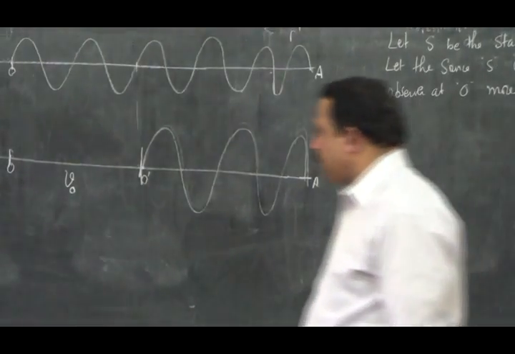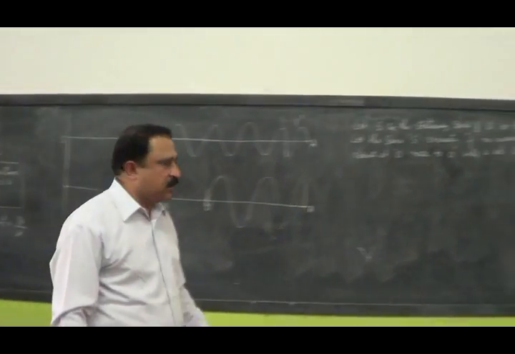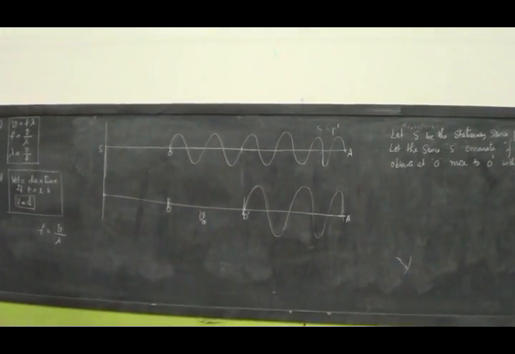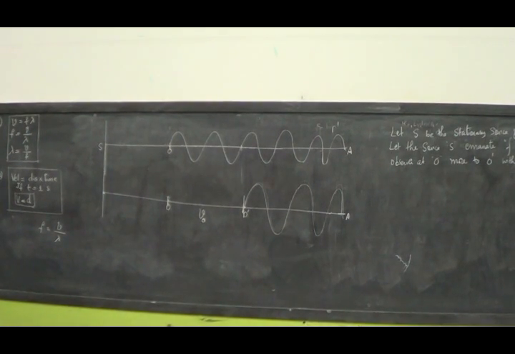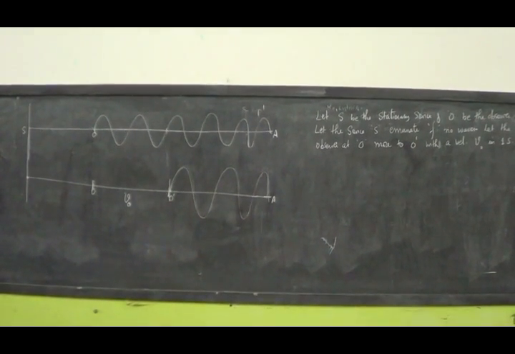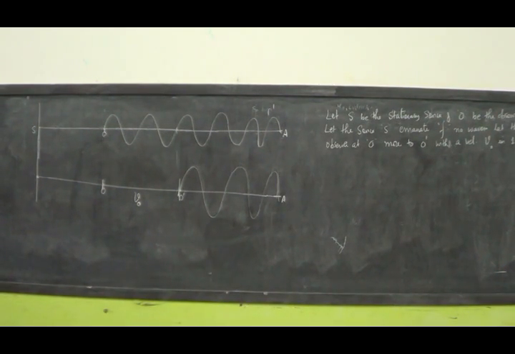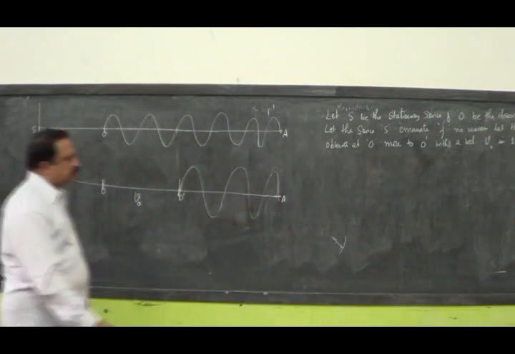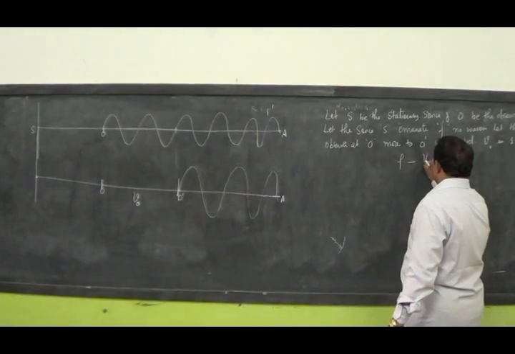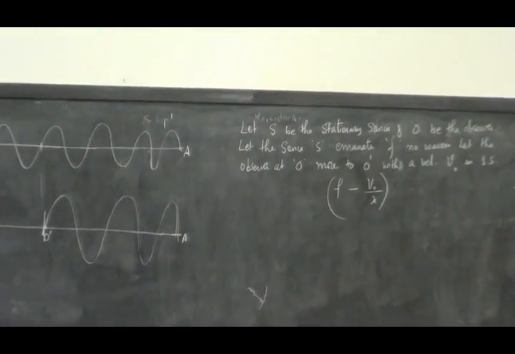Now you write. The observer will not receive the frequency from O to O dash, but he receives only the frequency F minus V naught by lambda.